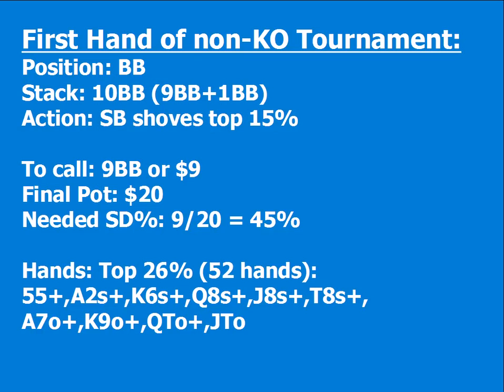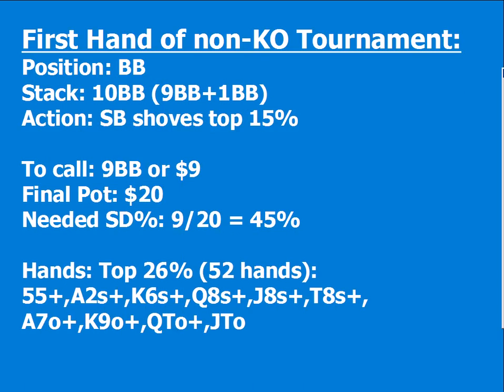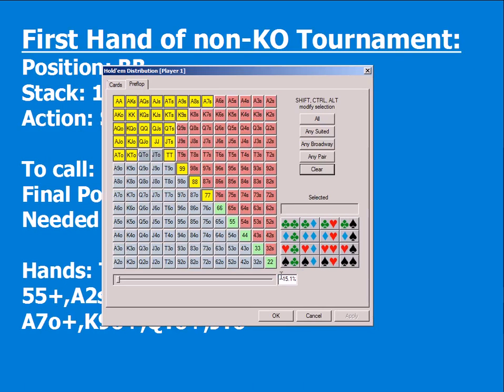So if we look at PokerStove, and this is how I got those numbers, and I'm not going to go through it here, I gave the first guy 15%. That's how it shook out.